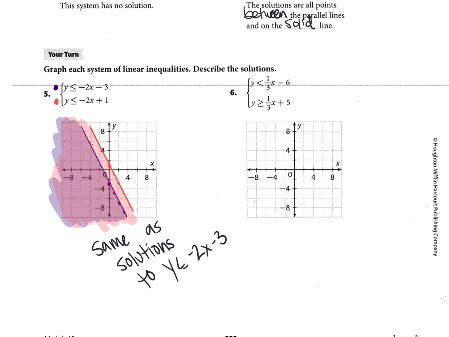Then for 6, y is less than 1/3 x minus 6. So we're going to go up 1/3, up 1/3. And it will be shaded below.